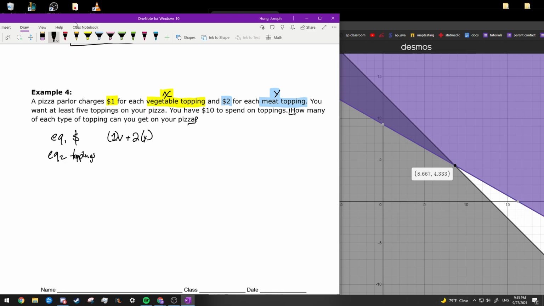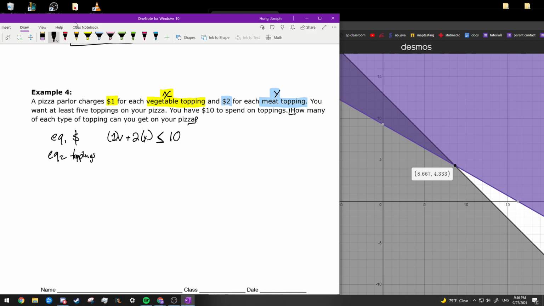I don't have to spend it all. So do I want the amount of money I'm spending to be greater or less than $10? You want to make the 10 as big as possible. So if I have $10, I can spend $10, so I can also put the equal sign as well.